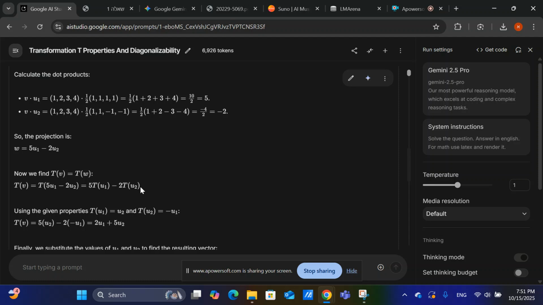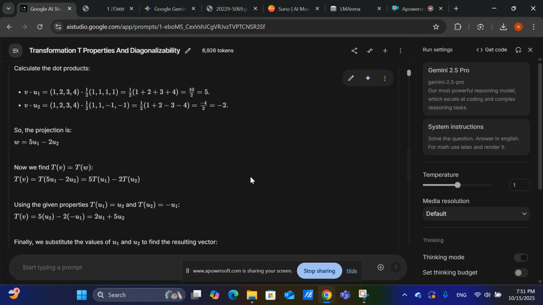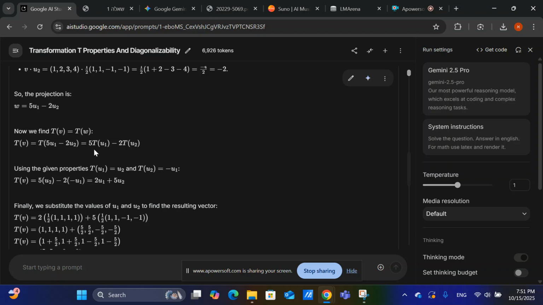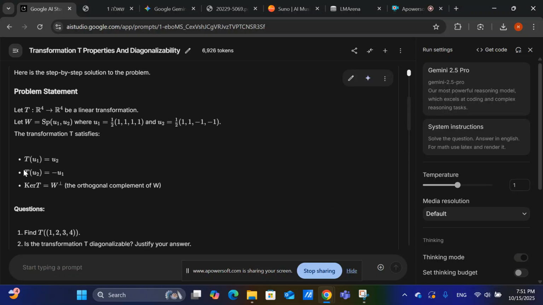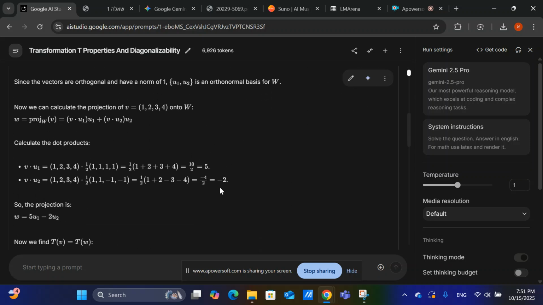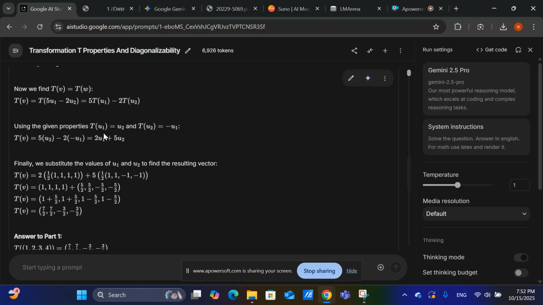This is just linearity. Okay, now we know that T u1, we got that in the question, if you remember, T u1 equals u2 and T u2 equals minus u1. So we can use it now. Apply that.